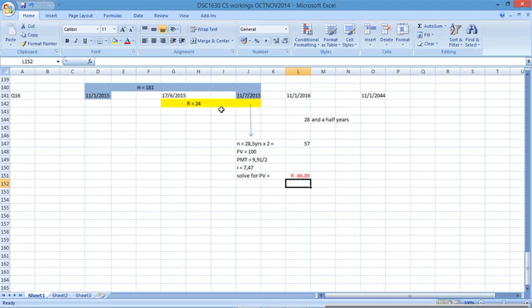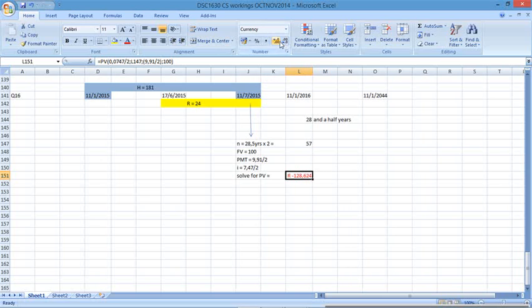Close that bracket and I solve. I'm going to be getting that answer. Don't forget to divide that by 2. That's a mistake there; quickly correct that. Divide by 2. Okay, that's better. Right, 28.62.